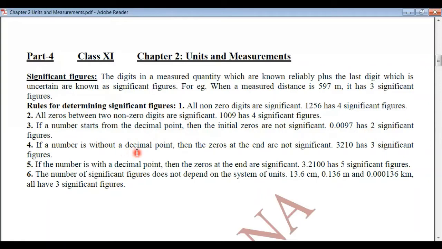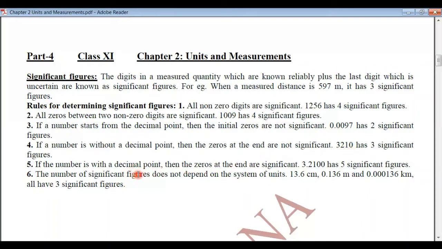The fourth rule states that if there is no decimal point in a number, then the zeros at the end are insignificant. For example, 3210. There is no decimal here. So the last zero will be considered insignificant. It will not be counted. So the number of significant figures in this measured value is only 3.